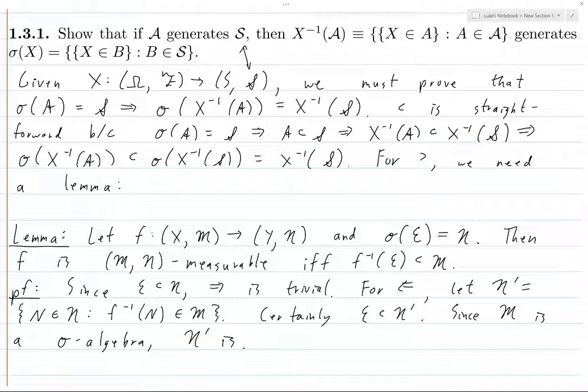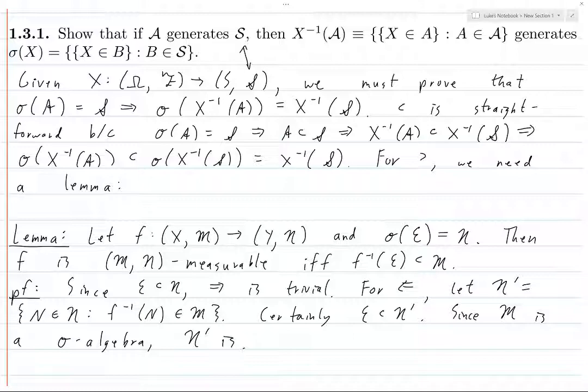And similarly for complements. That's sort of why sigma algebras work really nicely, and why with the measurable function definition we are considering inverse images, because these set operations work really nicely with inverse images.